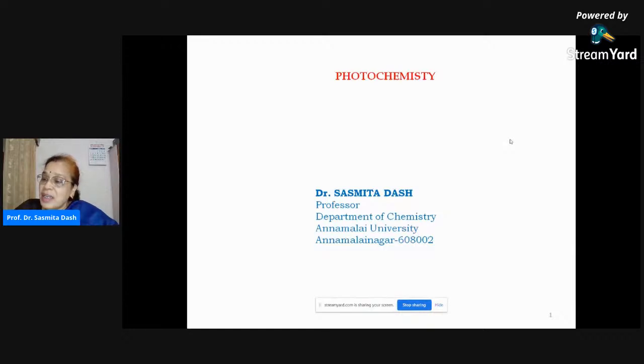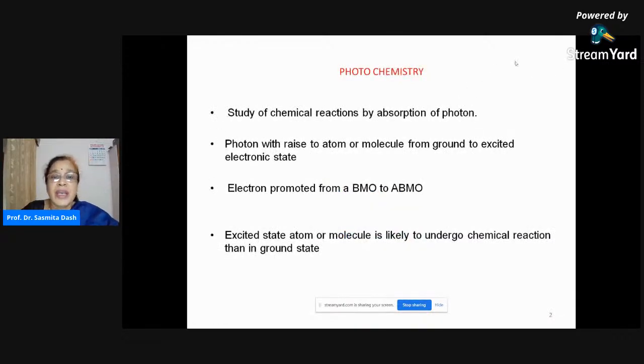The light radiations of visible and UV regions lying between 800 to 200 nanometer wavelength bring about such reactions. The related photons should be of sufficient energy, given by h nu, to raise the atom or molecule from the ground electronic state to an excited state, which involves promotion of electrons from a bonding molecular orbital to an antibonding molecular orbital.